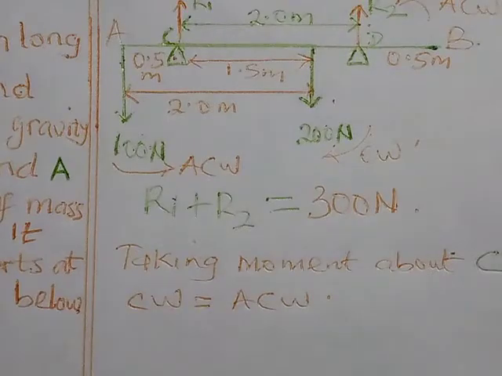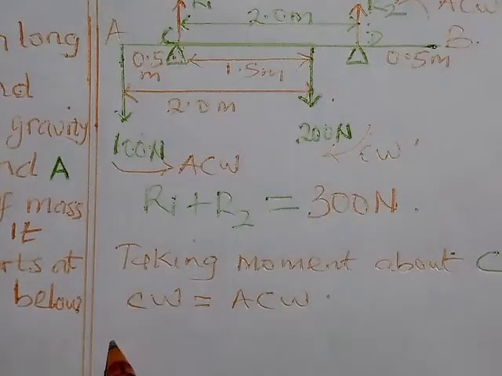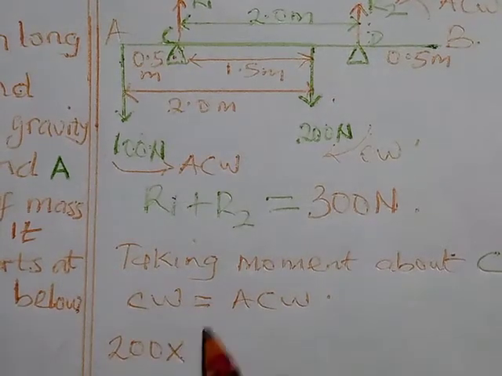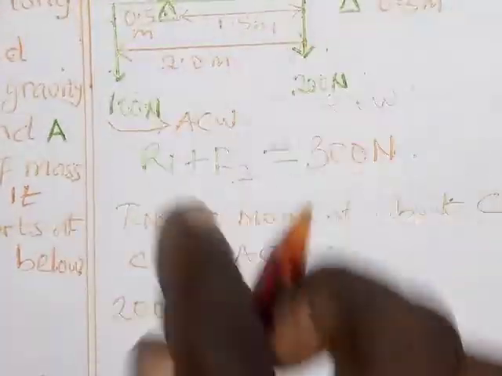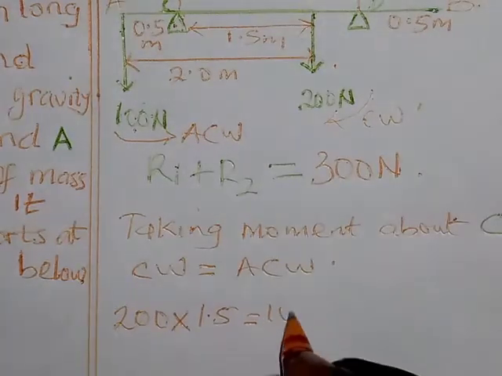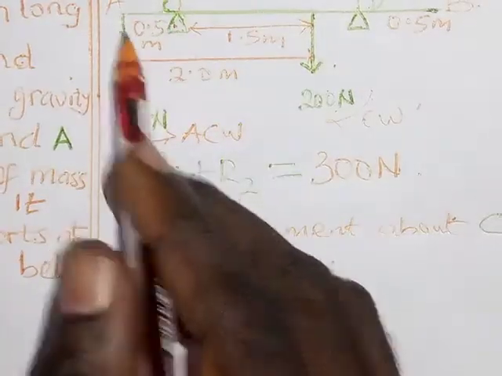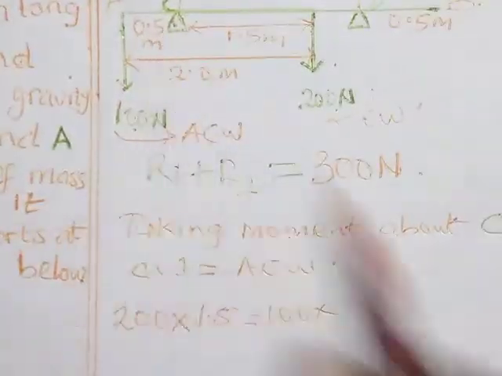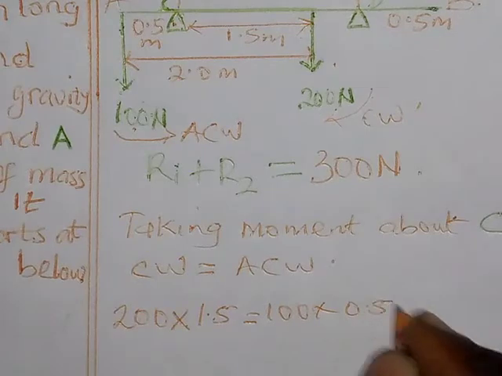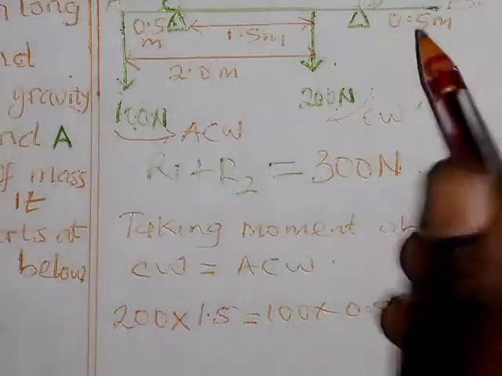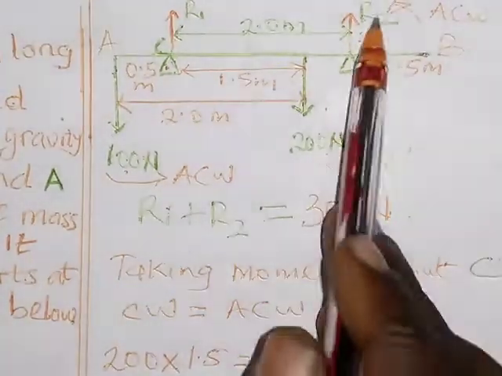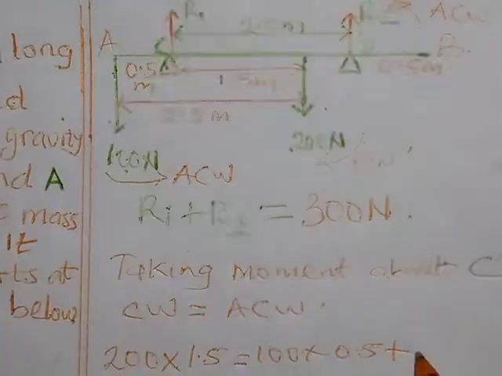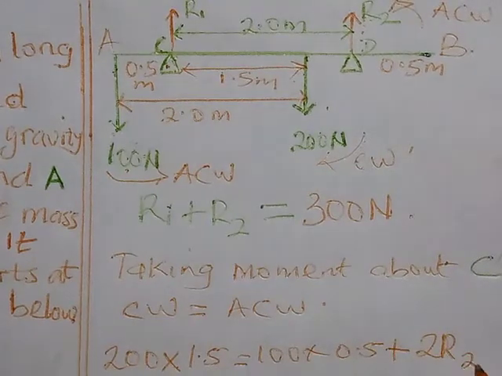So having taken that now, my clockwise moment, 200 times the distance of 1.5, must be equal to the sum of the anti-clockwise. So anti-clockwise, 100 times the distance between this and this pivot, which is 0.5, plus the distance of R2, which is the third force. The distance between R2 and this is simply 2, so this will give me plus 2R2.